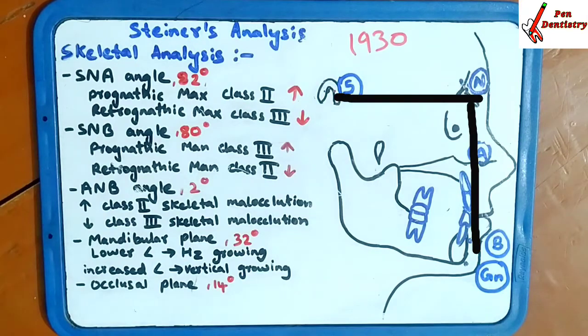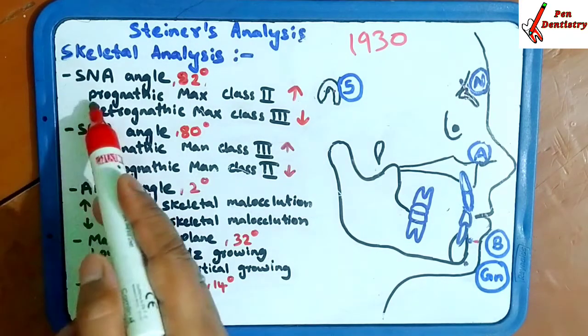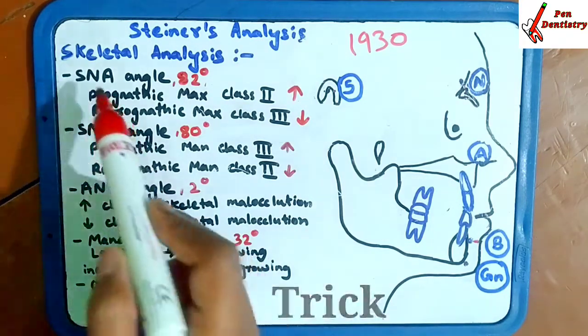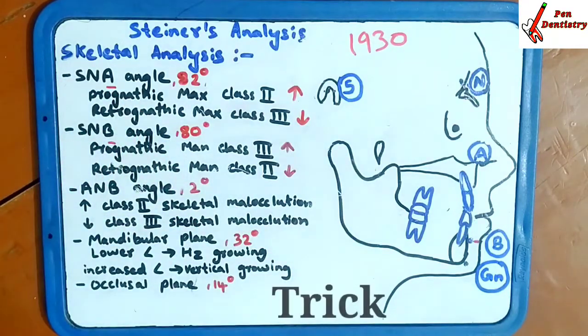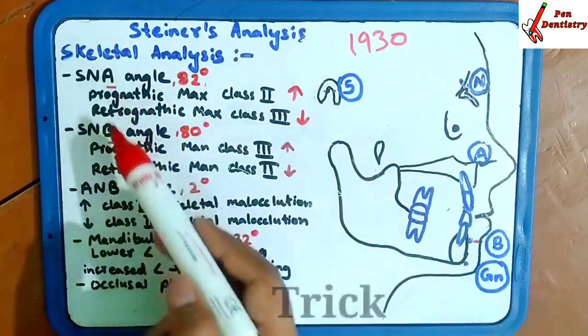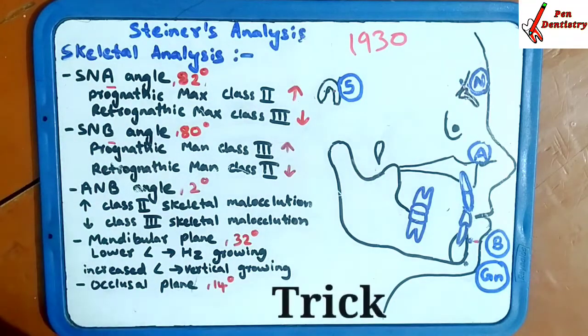You have seen SNA and SNB. Now, how are you going to remember these angles? First is SNA, then SNB, and then the AB angle.